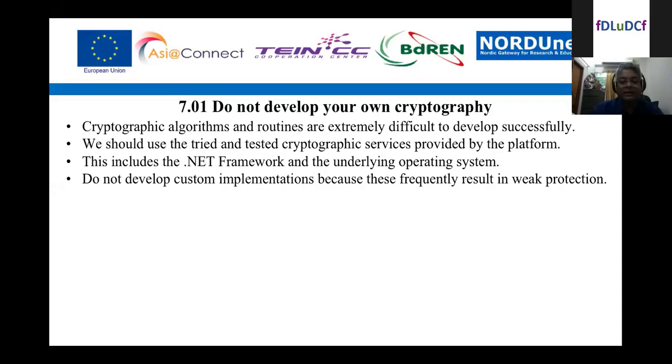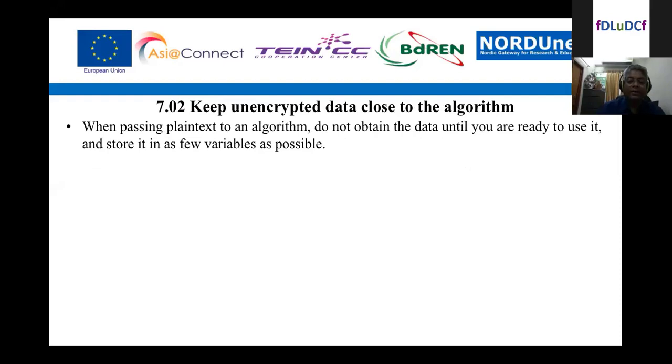So use the existing cryptographic algorithms, so that your web application will be more secure. And keep unencrypted data close to the algorithm. When passing plain text to an algorithm, don't obtain the data unless you are ready to use it, and store it in as few variables as possible.